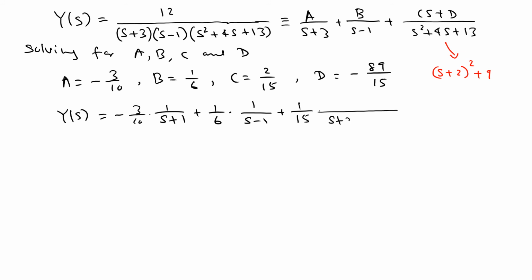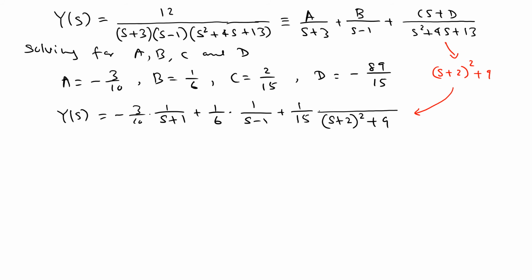So this is going to be (s plus 2) squared plus 9, that's simply coming from here, and then what you're trying to do is create the same term at the top. So what you have is 2s minus 89.